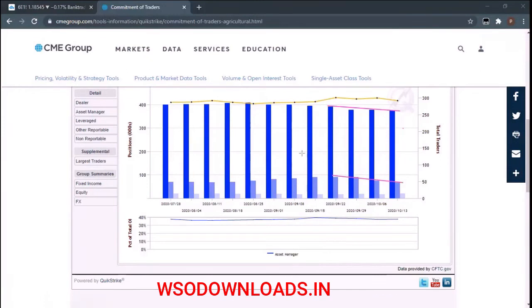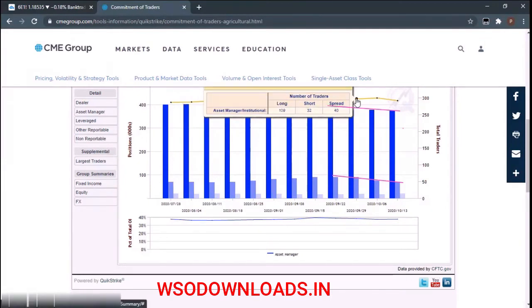Okay, let's look at our traders now. 111 buying, 30 selling. We then had two traders here out and then two traders in.